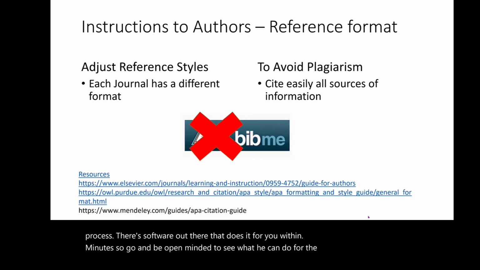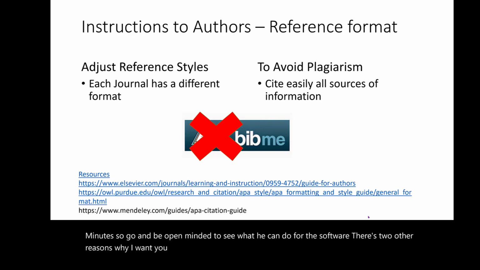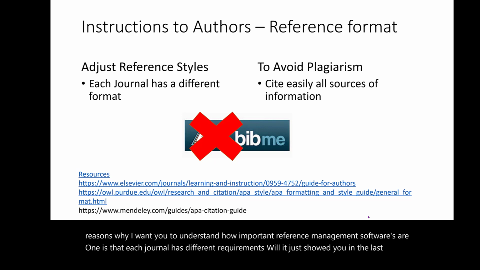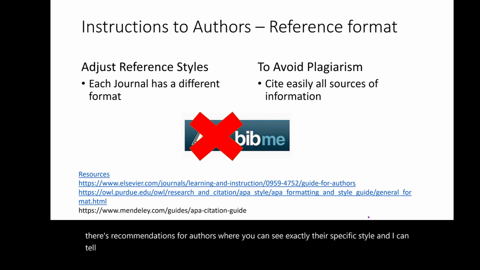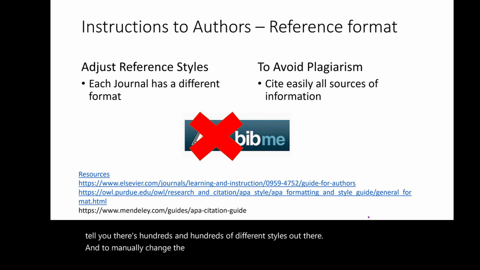There are 2 other reasons why I want you to understand how important reference management software is. One is that each journal has different requirements, what I just showed you on the last slide. So there are recommendations for authors where you can see exactly their specific style. And I can tell you there are hundreds and hundreds of different styles out there, and to manually change the references can be definitely challenging.